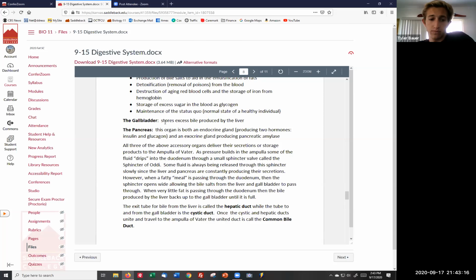So it leaks out slowly, drop by drop, continuously, as a safety valve into the duodenum. Okay, but we don't lose it all. We want to keep a full load of bile in the gallbladder for that time when somebody eats something with mayonnaise on it.